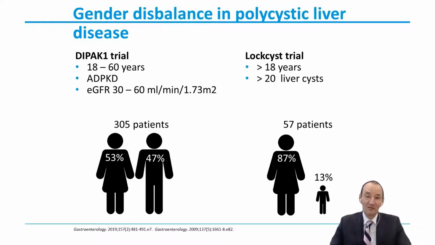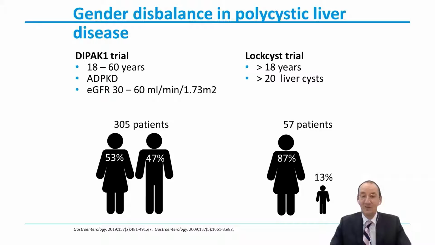We also noticed that there's a gender disbalance in patients with polycystic liver disease who present with their disorder at the outpatient clinic. If you see a large slate of patients with ADPKD and you select them on the basis of their renal function, in this case at the left panel between 30 and 60, almost 50% of males and 50% of females will have polycystic liver disease.